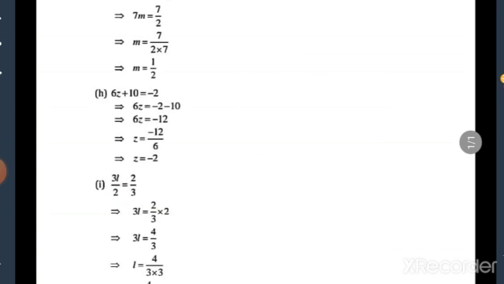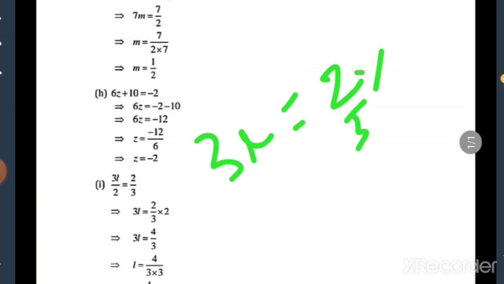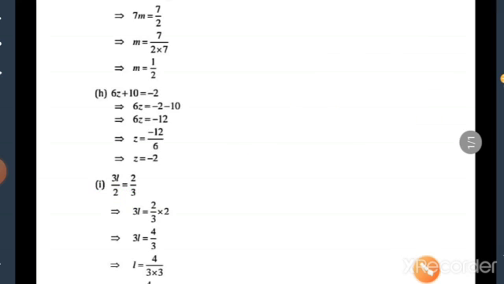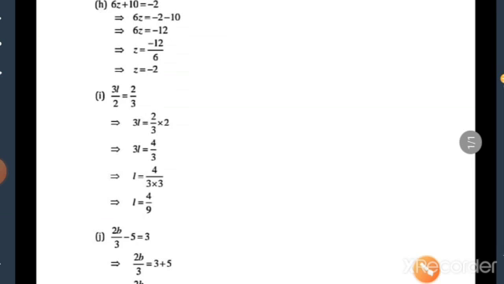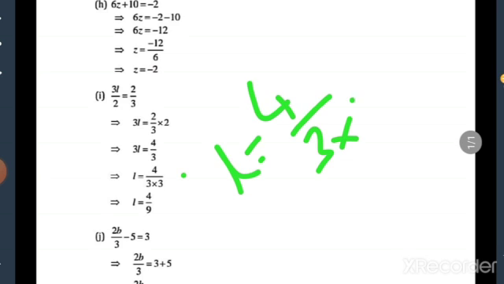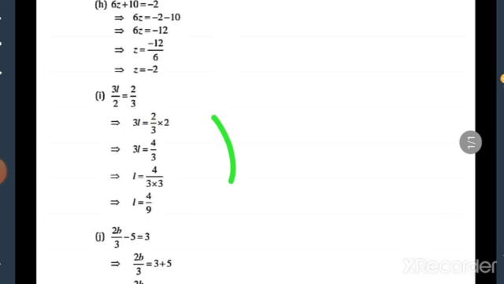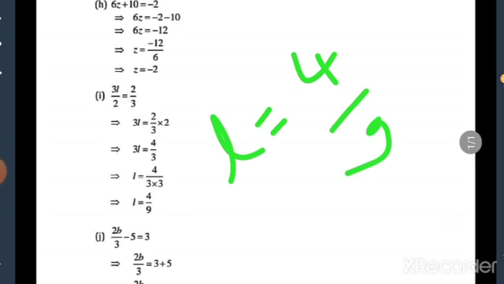In that process we have to do the multiplication of 2 with 2 by 3, because 2 is in the denominator, so after transposing it becomes a multiplication with the opposite term. Then 3l is equal to 4 upon 3. Here you can say that l is equal to 4 upon 3 by 3. So l is equal to 4 upon 9.